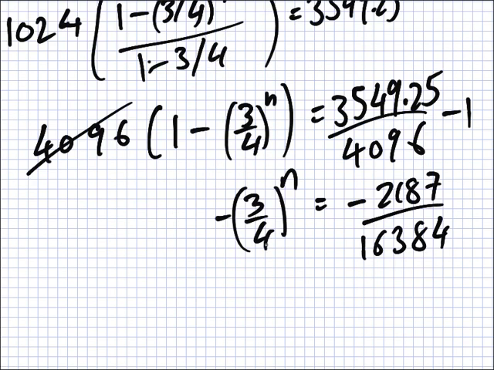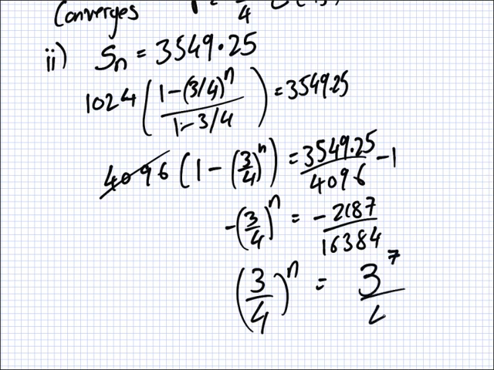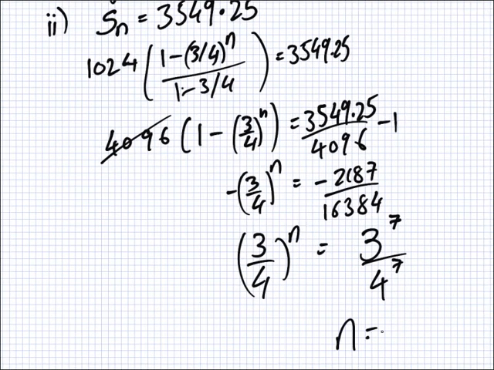So we can cancel the minuses, and we get 3 over 4 to the power n. 2187 is the same as 3 to the power 7, and 16384 is the same as 4 to the power 7. So n is 7.